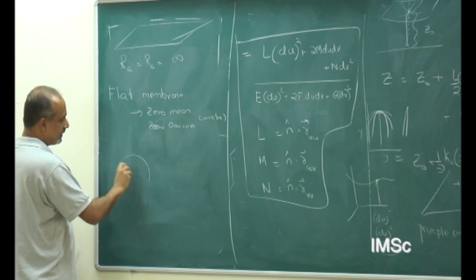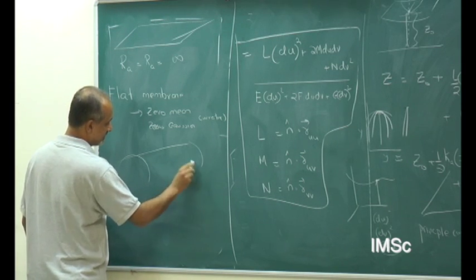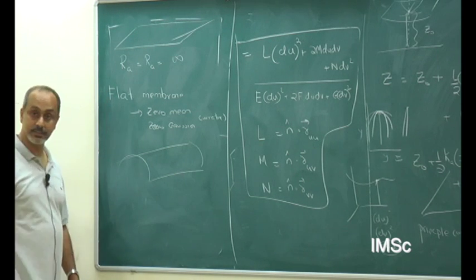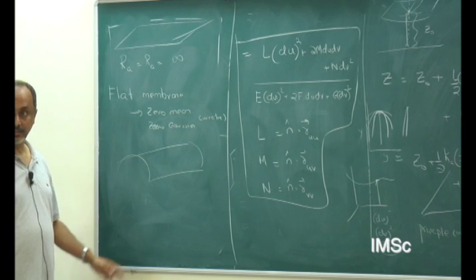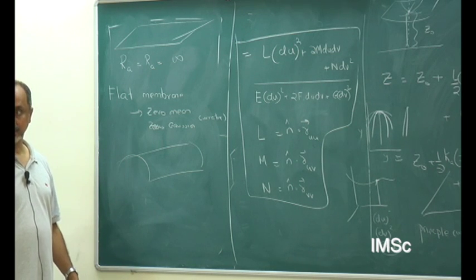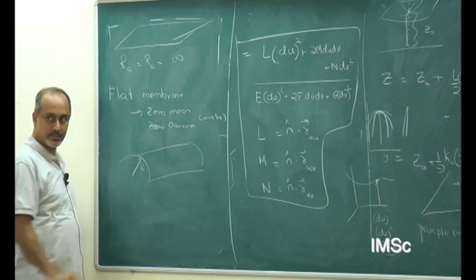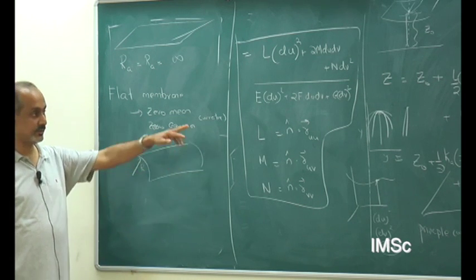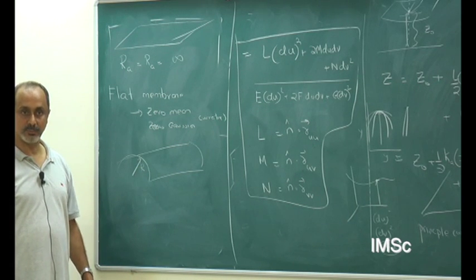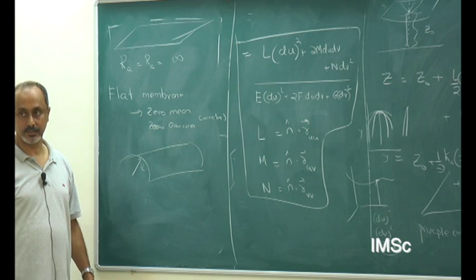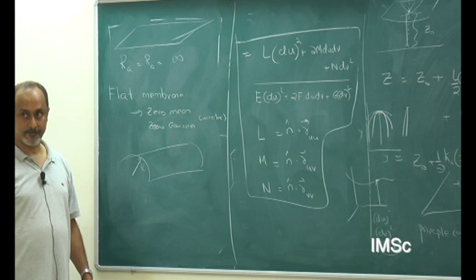Suppose I have something that looks like this, like a cylinder. Suppose the cylinder has some radius r. What is your guess for what the mean curvature and the Gaussian curvature should be?